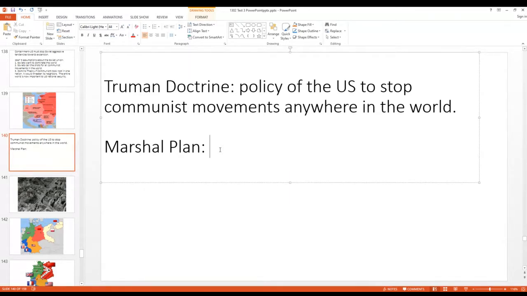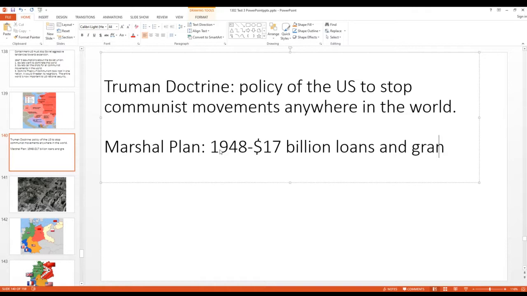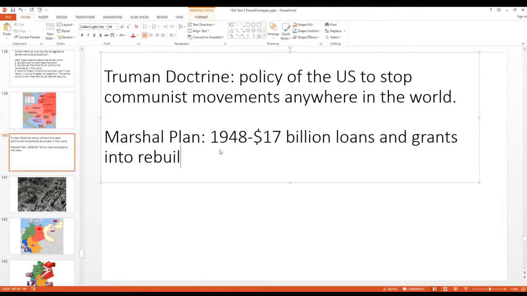So the Marshall Plan was a plan to rebuild Western Europe. Basically, starting in 1948, the U.S. is going to eventually pump $17 billion in loans and grants into rebuilding Western Europe, which again was wrecked by World War II.